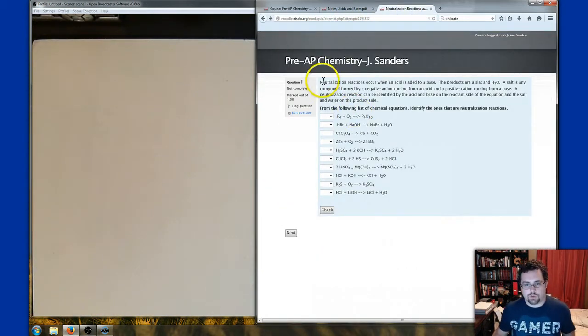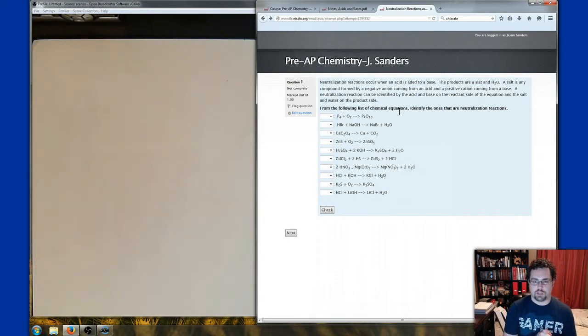So, neutralization reactions, this is your neutralization assignment. Neutralization reactions occur when an acid is added to a base. The products are, it says a slat, that is not correct. The products are a salt, not a slat, and H2O. A salt is any compound formed by a negative anion coming from an acid and a positive cation coming from the base.